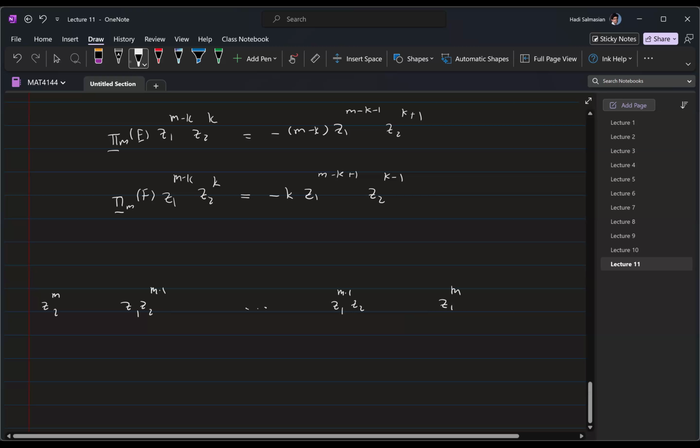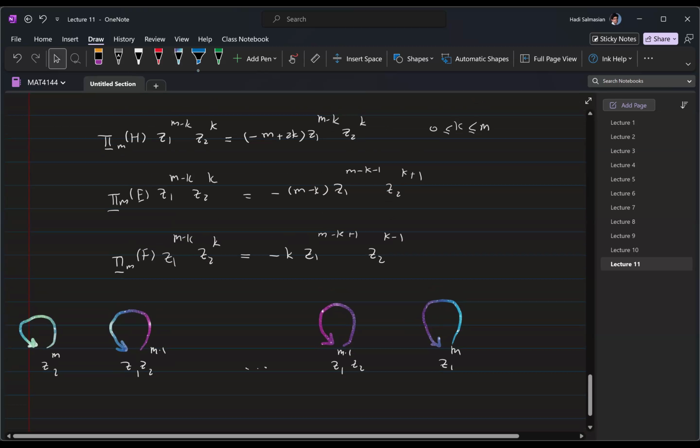These are the spanning monomials. We know that H is diagonal, so I represent this by arrows: each vector goes to itself by some eigenvalue. If you look at the formula for pi_m(h), the eigenvalue here is m, then m minus 2, and finally minus m. They go in steps of 2 units each time, between m and minus m.